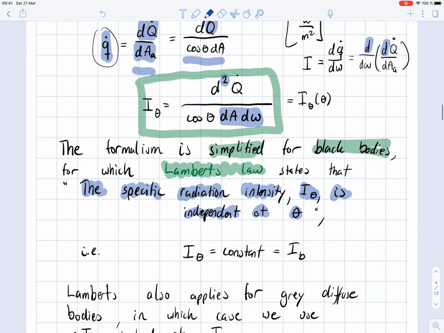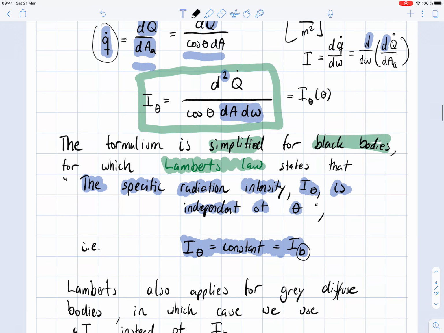That means that I theta equals a constant. And we denote that constant by IB because it is a black body. So we're using the same notation as we have been using throughout the course so far. Everything with a subscript B refers to a black body.